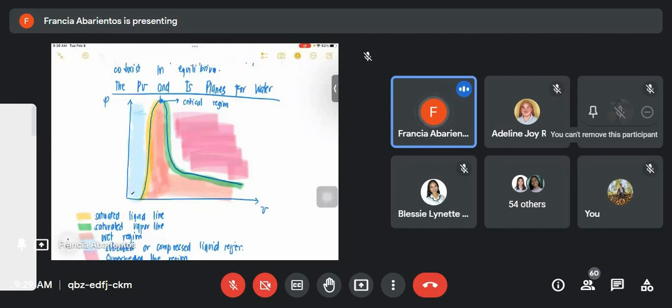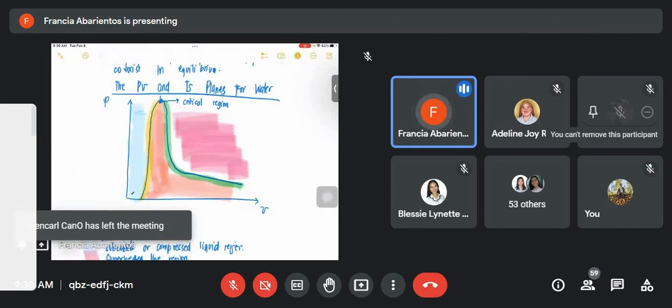And the critical region, that is where the saturated liquid line, the yellow line here, and the saturated vapor line meet. Sa pinakatuktok, that is now your critical region. And the region outside the saturated vapor line is the superheated region. So this is the PV diagram.